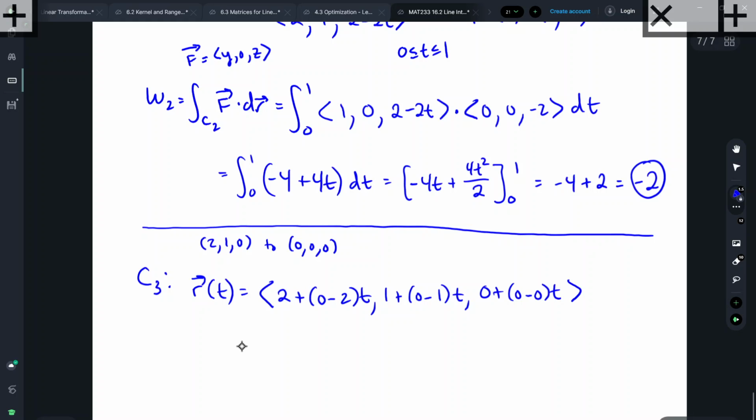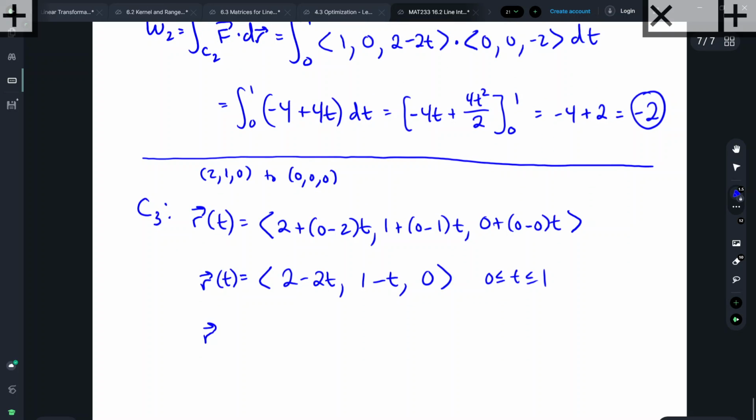Okay, so what do we get? 2 minus 2t, then 1 minus t, then 0, where t goes between 0 and 1. And then we need r prime. So what is this? Negative 2, comma, negative 1, comma, 0.